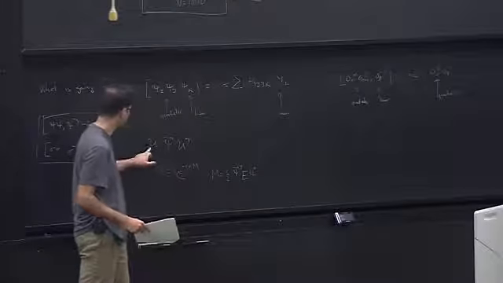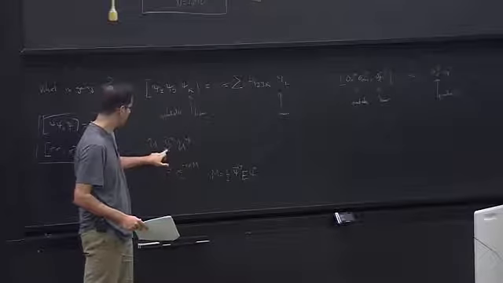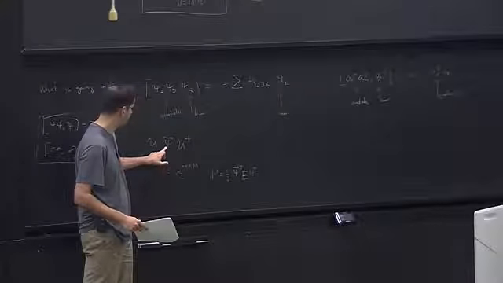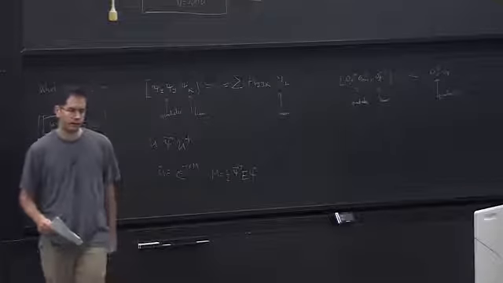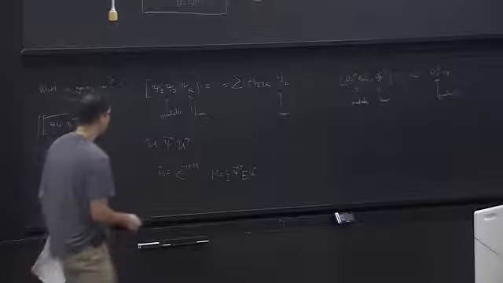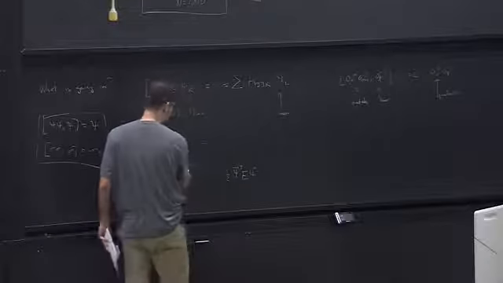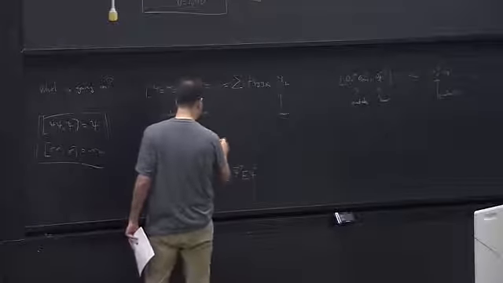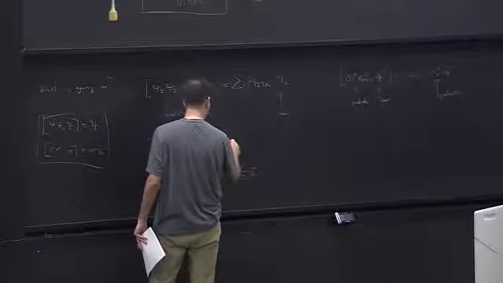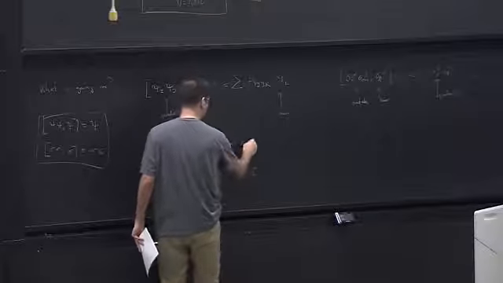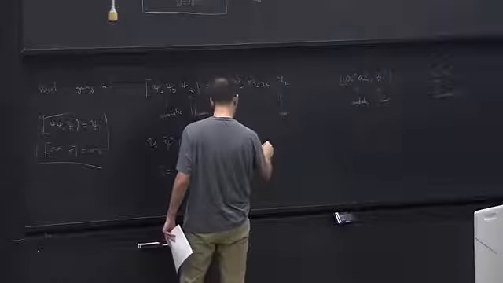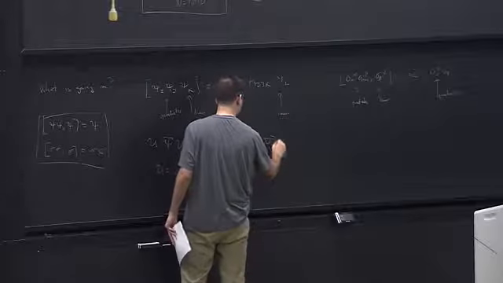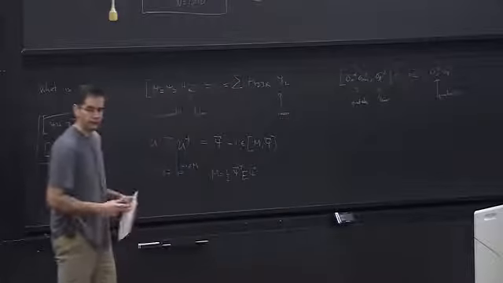Then, for small epsilon, this can be approximated by psi minus i epsilon times the commutator of m with the vector psi, to first order.